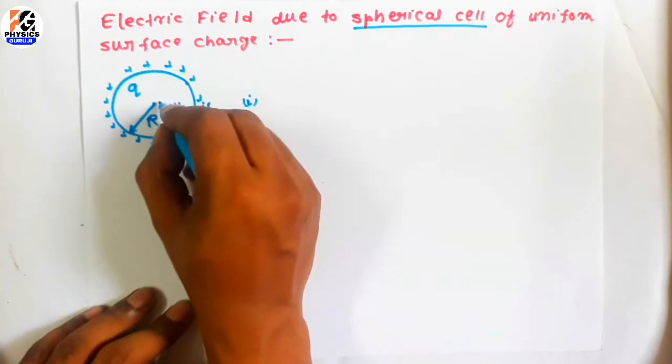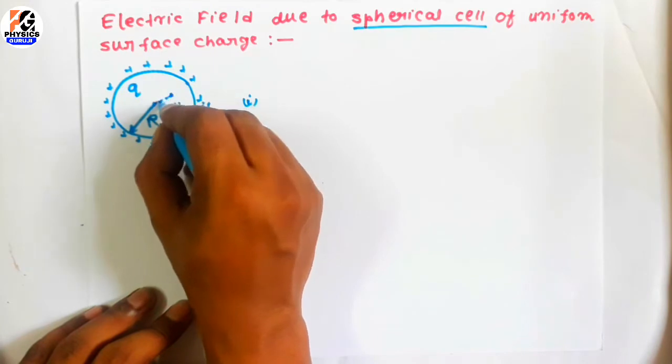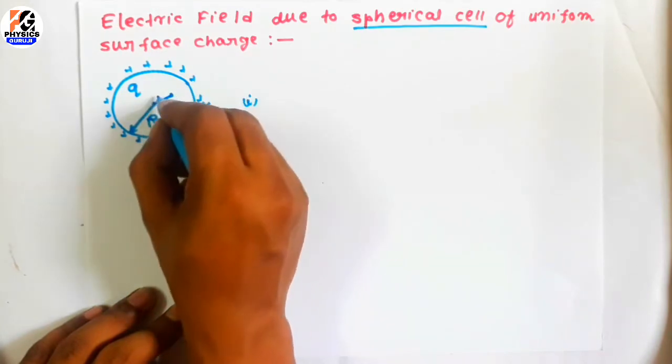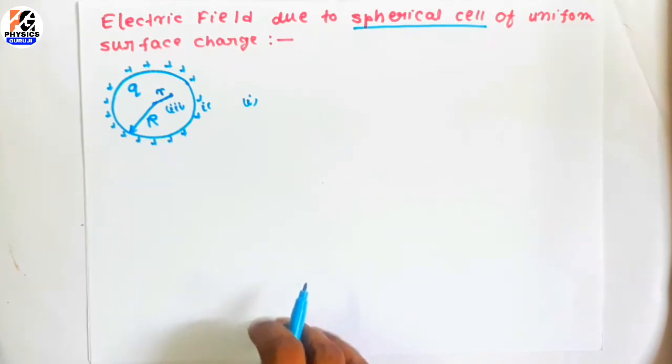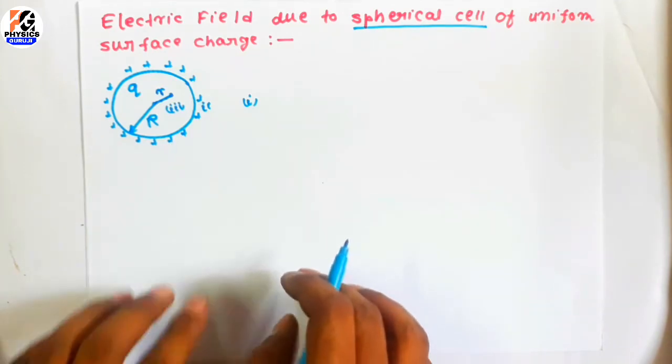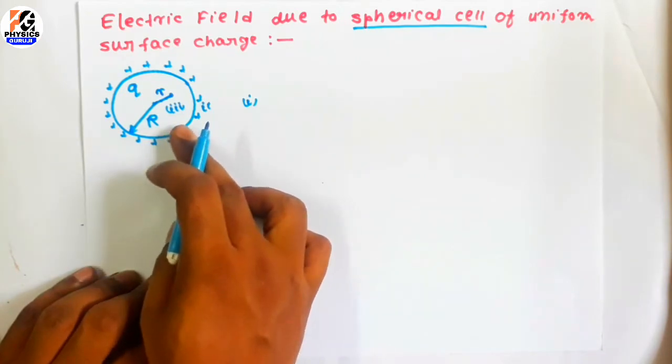So first I will take a point inside the shell. Let this be the point inside the shell at a distance small r. I will use Gauss's theorem here to calculate the electric field inside.